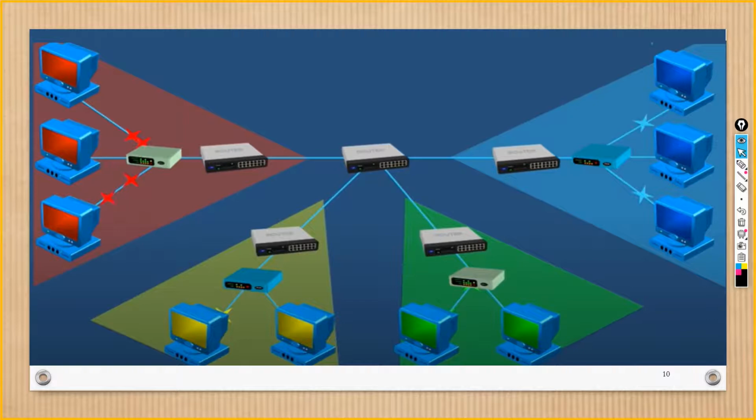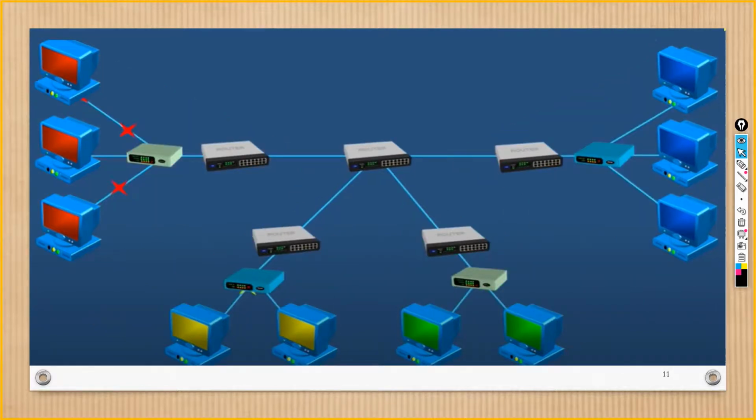Now the router is going to accept the red data packet because those are the only ones intended for this network. All of the other data packets, like the yellow, blue, green, etc., will be rejected by this router because their IP addresses were not meant for this network.